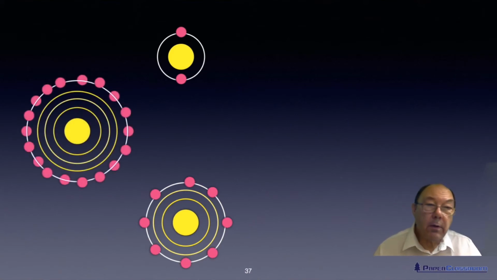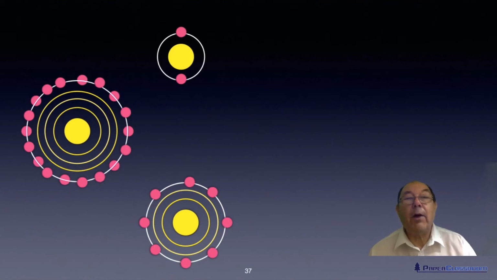Or you've this one that's got 4 shells. It's got 18 electrons. That one's full. These materials have no need to give away any electrons because they've got exactly what they need. They've no need to bring in any electrons because they've got exactly what they need.